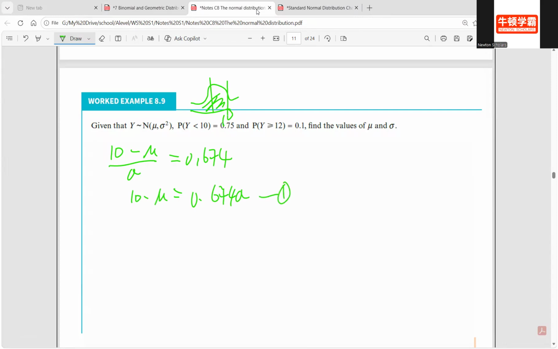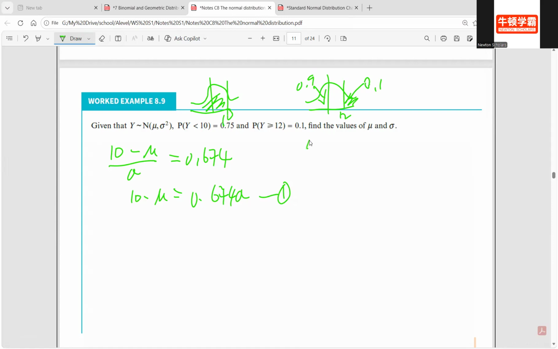Okay, so equation 1. Equation 2, this one is 12. Y is more than, so meaning that this part is actually 0.1. For me to make my life easier, this part should be 0.9, am I right? Because altogether 1, right?